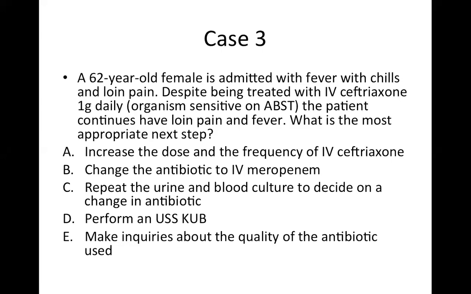I think one of the reasons why patients do not improve is because there are other complications they develop due to this infection. So this patient has got pyelonephritis. What are the other complications which can develop in these patients? The patient could develop an intrarenal abscess, or she can develop a perinephric abscess. Those are some situations where the patients don't improve.